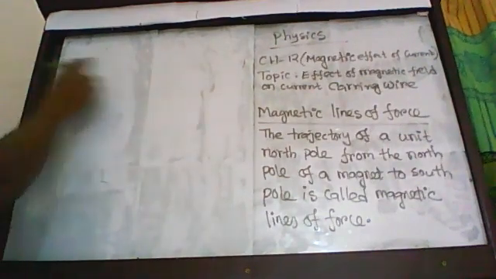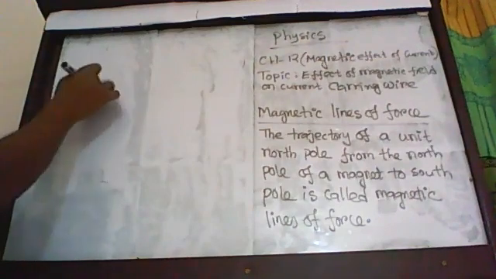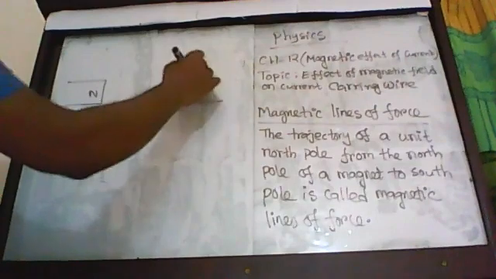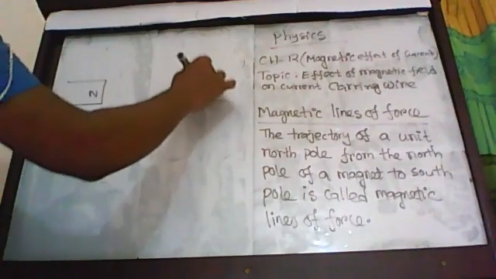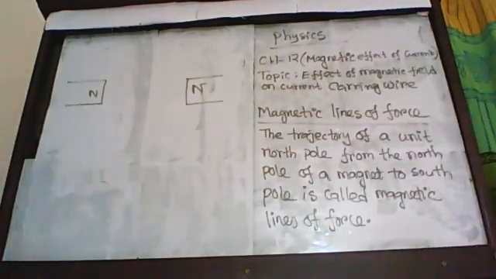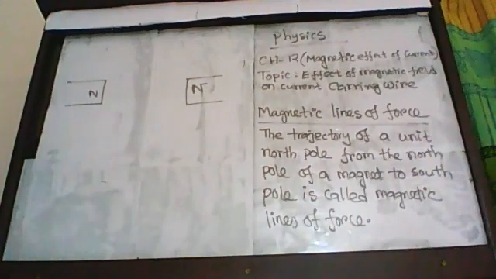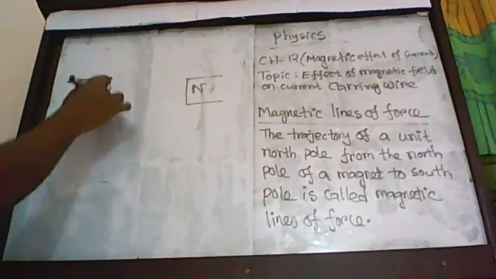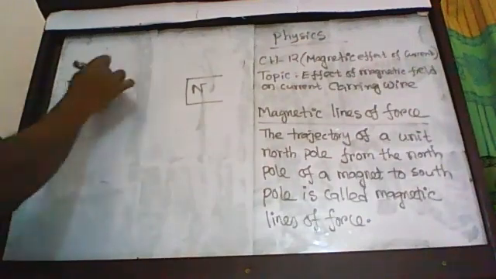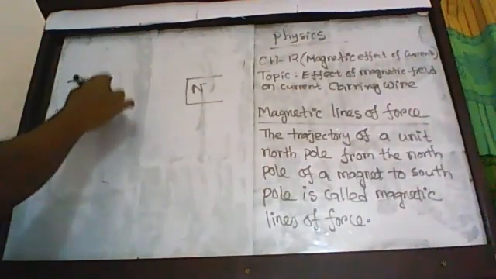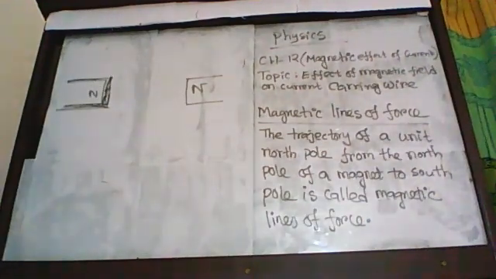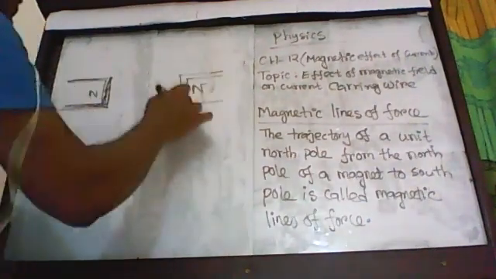This is the north pole of a magnet, and this is also the north pole of another magnet.